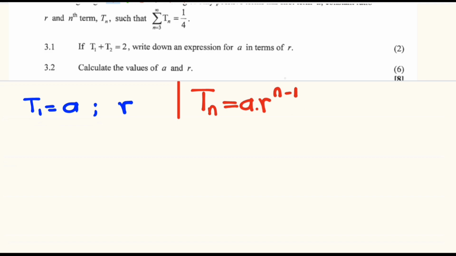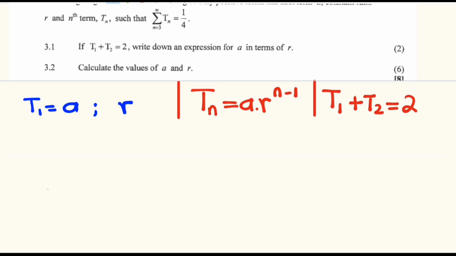We are given that term number 1 plus term number 2 is equal to 2. Term 1 is already given as A, so there is nothing we can do about that, but we can do something about term 2.